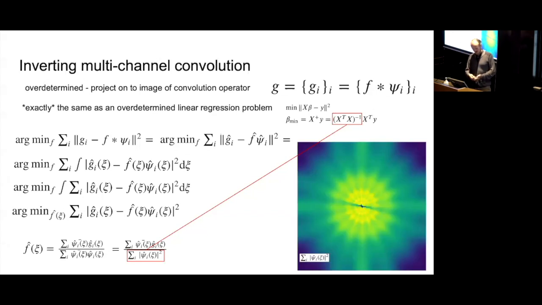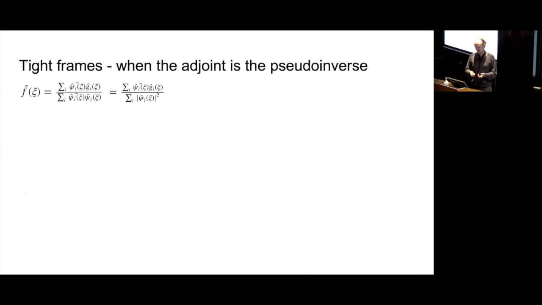If you visualize this object, you get patterns like this. This is basically all Fourier wavelets at all scales, all orientations. You add them up, and then you can check, are we covering Fourier space? Because if we do cover Fourier space very well, we get to invert in a nice way.